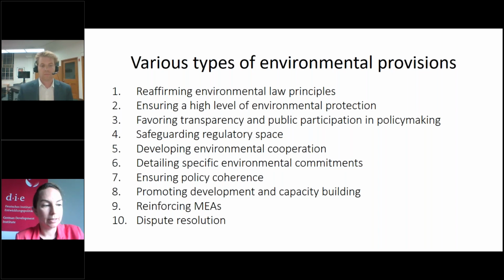Some of them reaffirm environmental law principles like the precautionary principle. Some ensure a high level of environmental protection. Others favor transparency and public participation in policymaking. They safeguard regulatory space for environmental policymaking, and they can promote environmental cooperation.